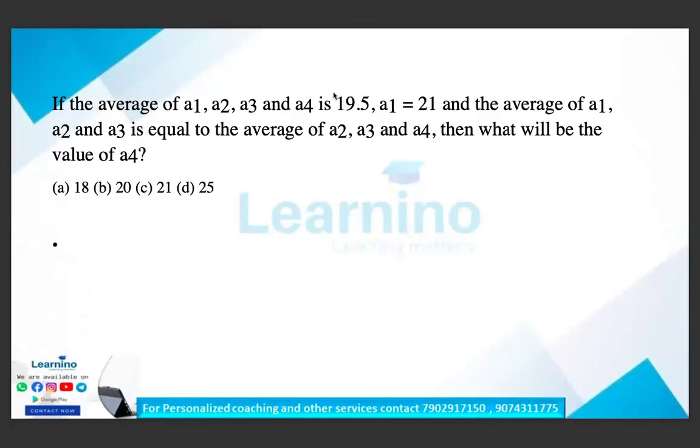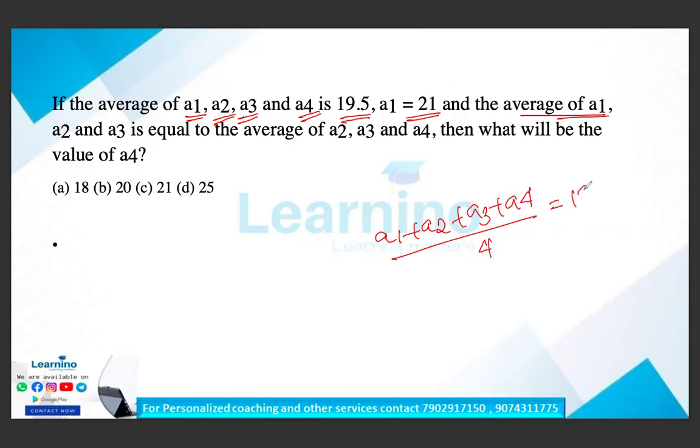If the average of A1, A2, A3 and A4 is 19.5, A1 equal to 21, and the average of A1, A2, A3 is equal to the average of A2, A3, A4, then what will be the value of A4? A1 plus A2 plus A3 plus A4 divided by 4 equal to 19.5.